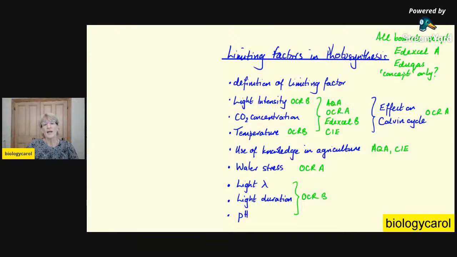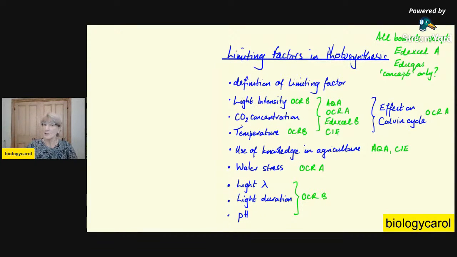AQA, OCR A, Edexcel B, and the Cambridge International Exam Board require you to know about the effects of these three on the rate of photosynthesis. OCR A also require you to know about the effects on the Calvin cycle, and OCR A also has to know about water stress.